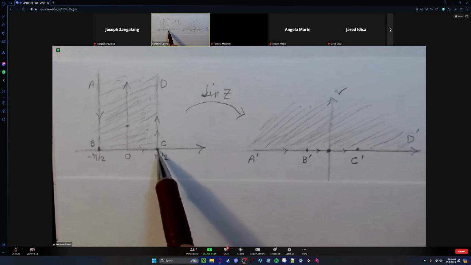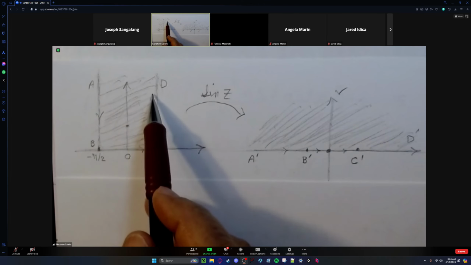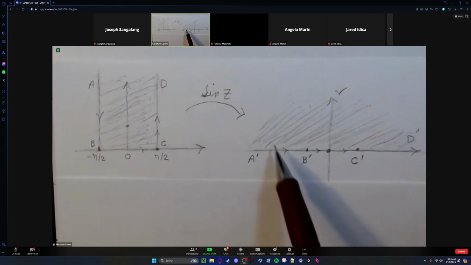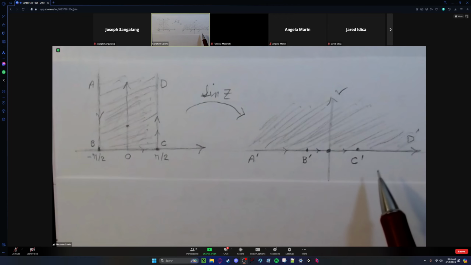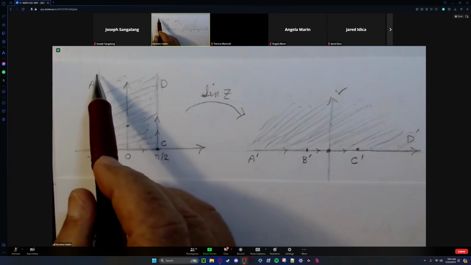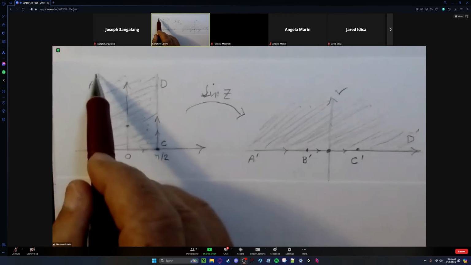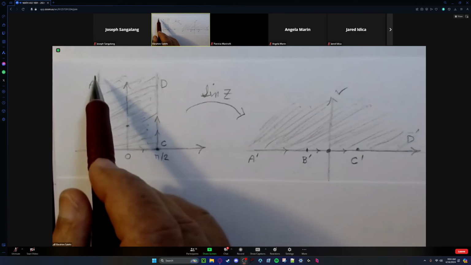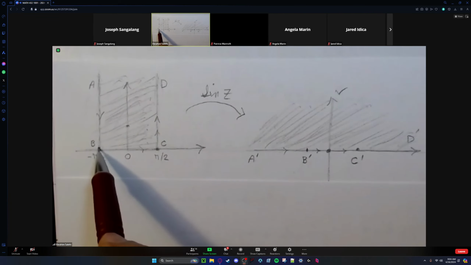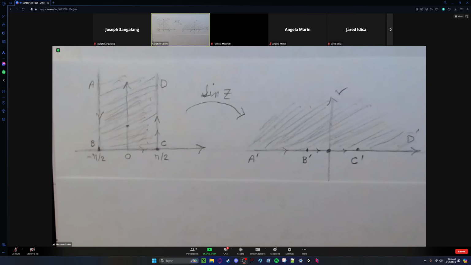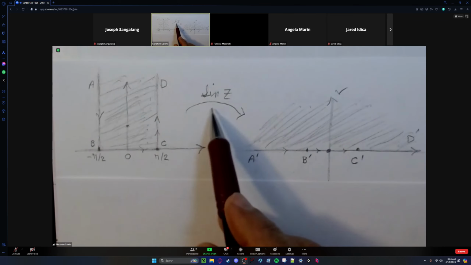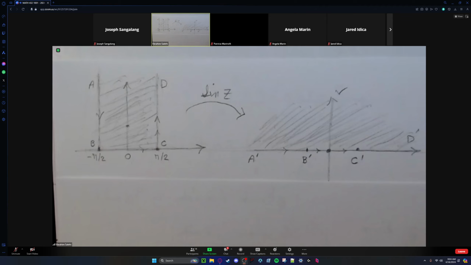And the idea that why this half strip goes to upper half plane is pretty obvious. You just look at the boundaries. Look at this line. When y goes to infinity, the sine of z is unbounded, right?